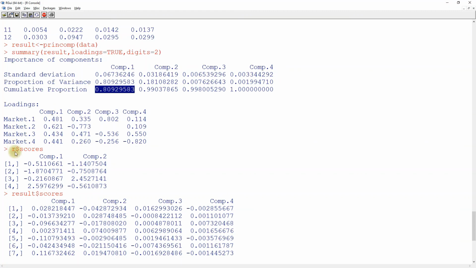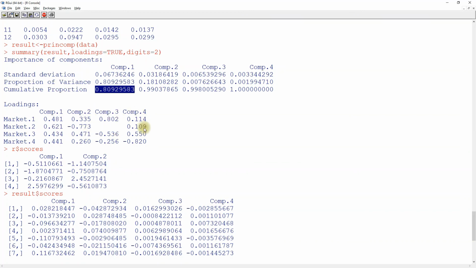Maybe if you had other markets, market 5, 6, 7, and you did not get all the loadings on only the first component, it would probably mean that four markets would be similar in a way, and the other three markets would be similar in a different way on different components. But here, all of them are loaded mainly on the first component because they have relatively high values on it. Then there is no need for us to worry about component 2, component 3, component 4.